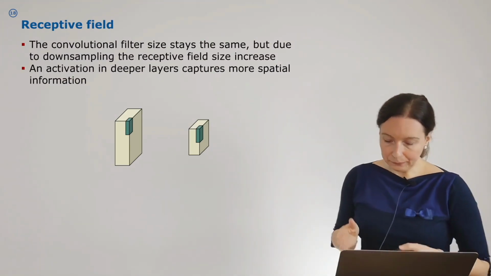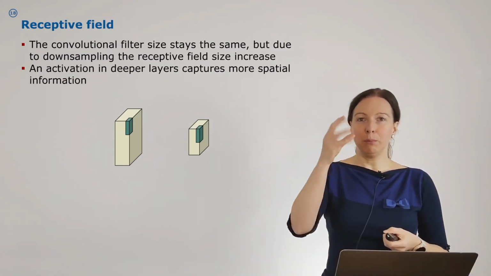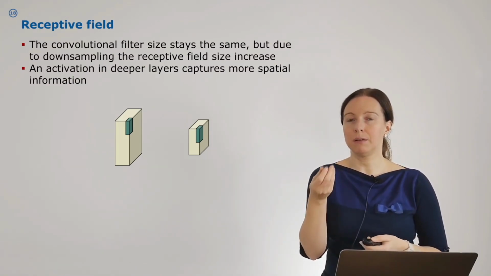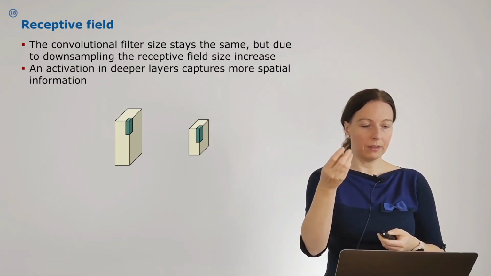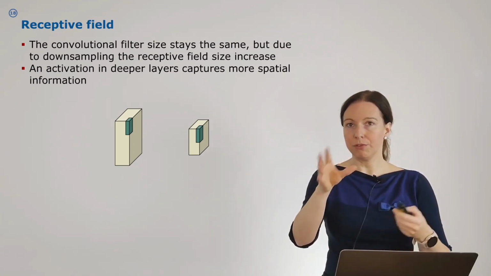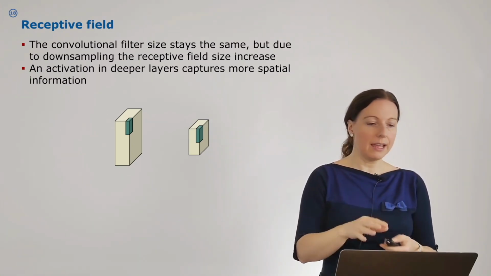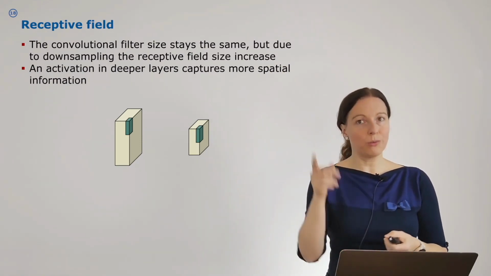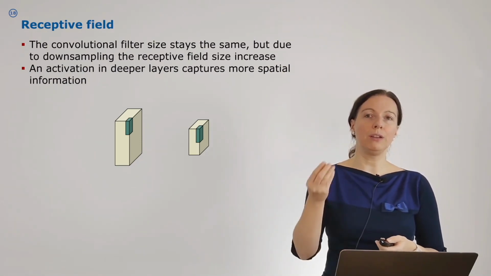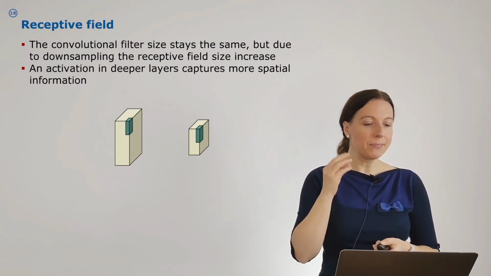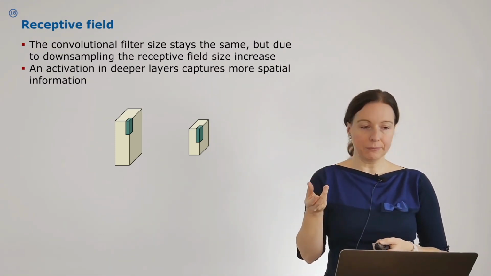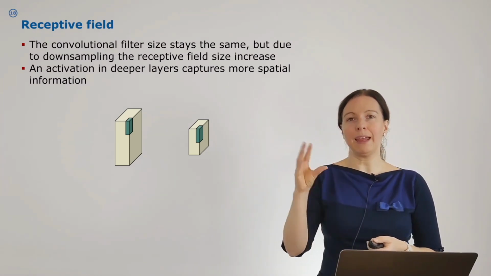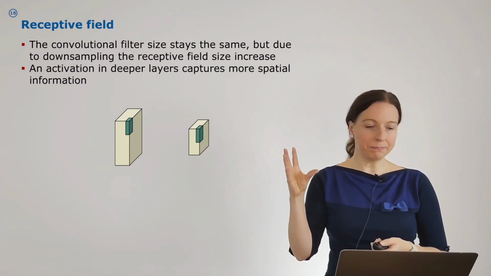The reason why we have these finer grained structures in early layers, and in deeper layers more complex structures, and also the reason why we normally only use small filters, is the receptive field. Most networks have this typical encoder-decoder structure.